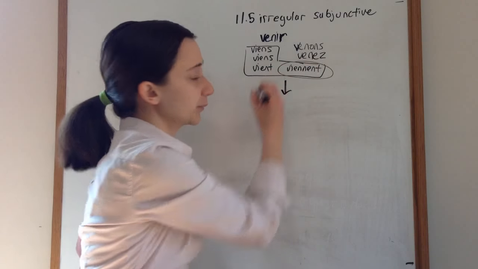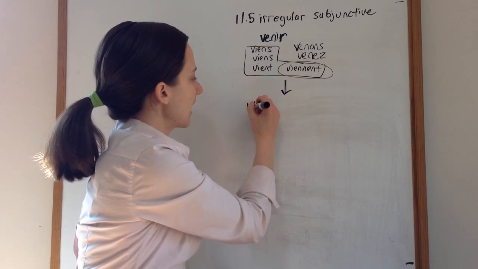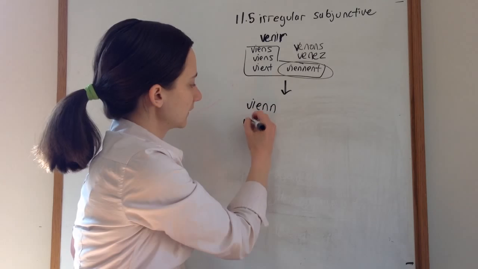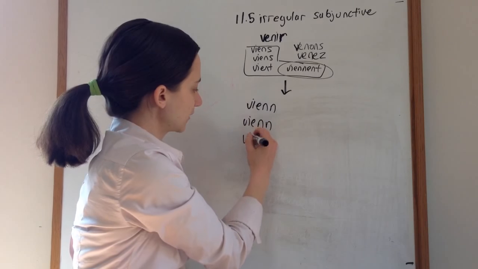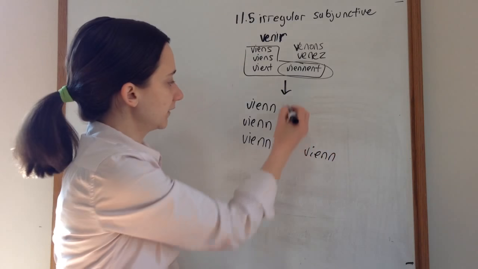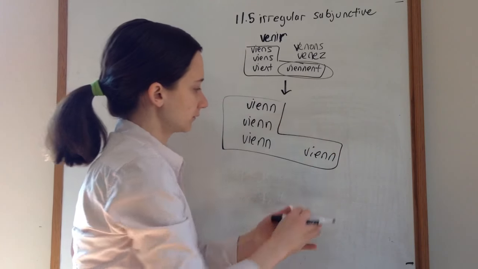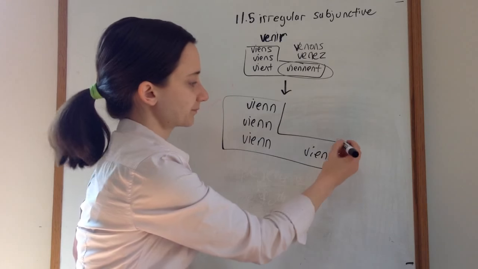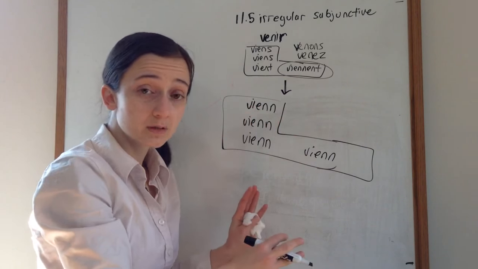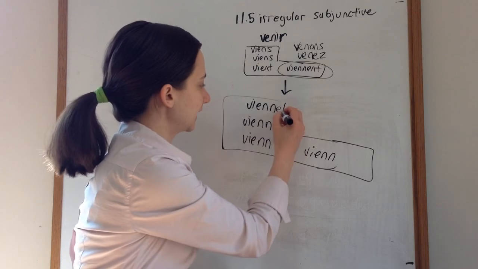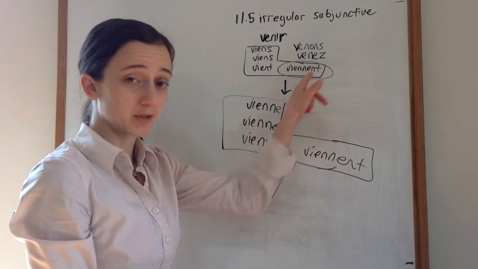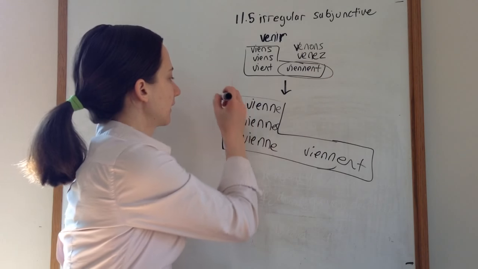We go to that third person plural, and we take off the ENT. Now we're going to treat the boot exactly the same. E, ES, E, ENT. Third person plural, still the same.